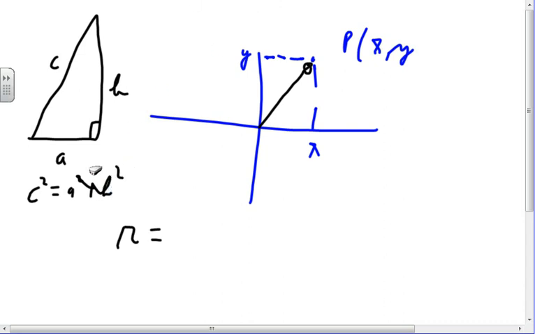The Pythagorean Theorem. So r squared would have to be x squared plus y squared, right? That would have to be the case, wouldn't it? Yeah. All right, that's good.